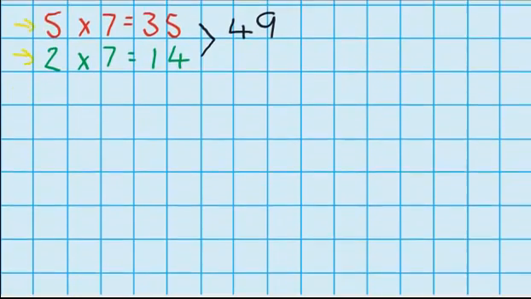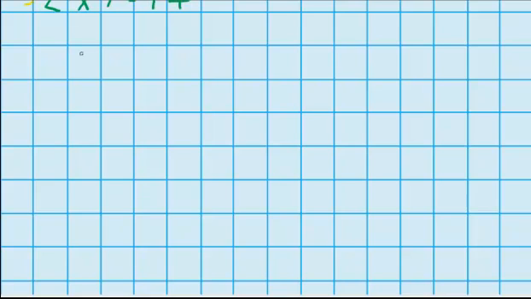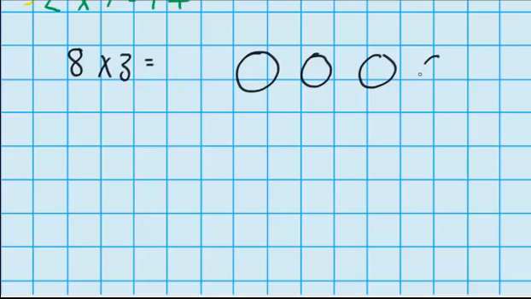This time I want to work out what 8 times 3 is. So just like last time, I'm going to draw out my 8 groups. 1, 2, 3, 4, 5, 6, 7, 8, and inside all of those 8 groups I need 3 items.